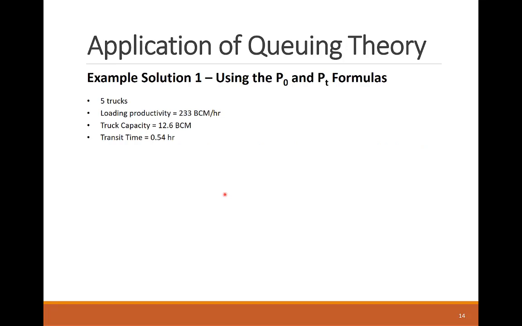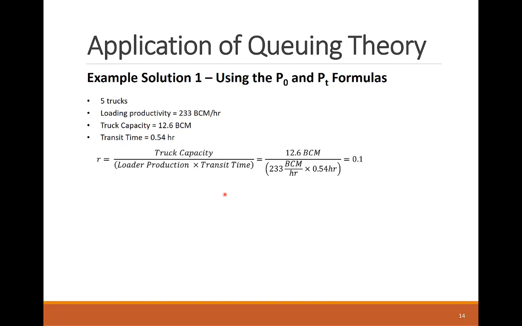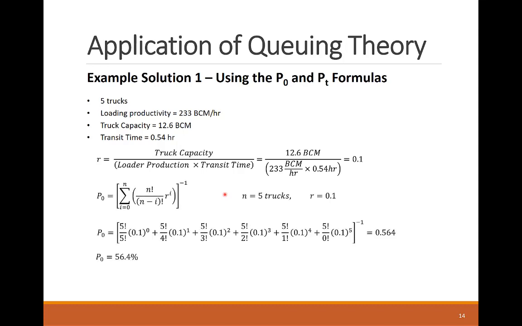First, we calculate the R factor to be 0.1. Second, we calculate the PO value as shown, and we end up with 56.4% probability that we will not have any truck available for loading at any point of time. That translates to having PT equals 43.6%.